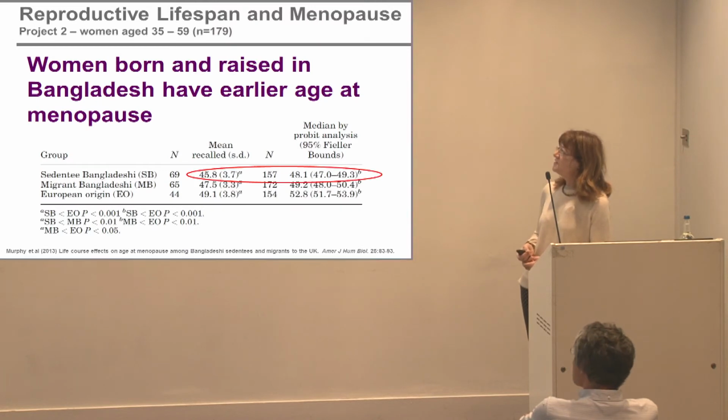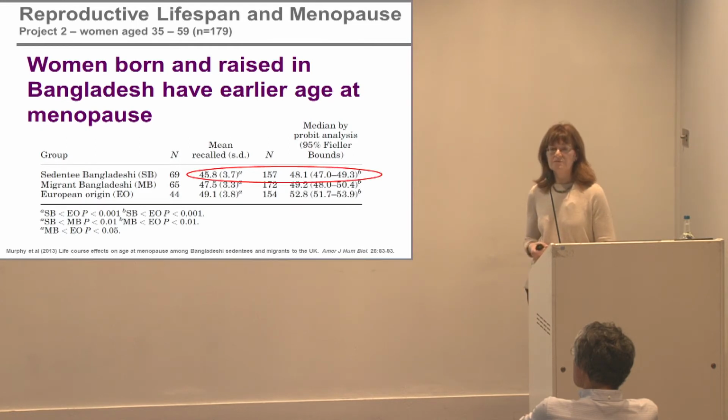And then we did a second study. This is looking at older women, aged 35 to 59, and we were tracking them to look at the rate of reproductive aging, and we looked at a suite of hormones that tell you about reproductive aging, the number of eggs left in the ovary, and also we asked women who had gone through the menopause already for a recalled age at menopause.